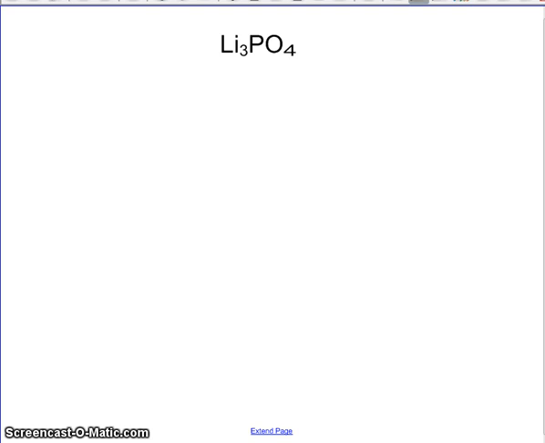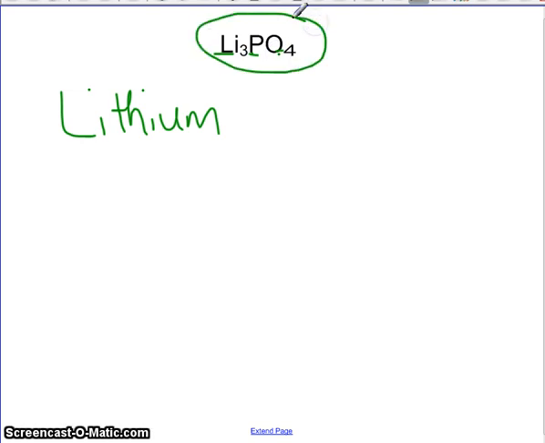Now going from the formula to the name. I know Li is lithium. And since I have more than 2 atoms, I have lithium, I have P, and I have O. So I have phosphorus and oxygen. What that means is that we're going to have a polyatomic ion. Okay?